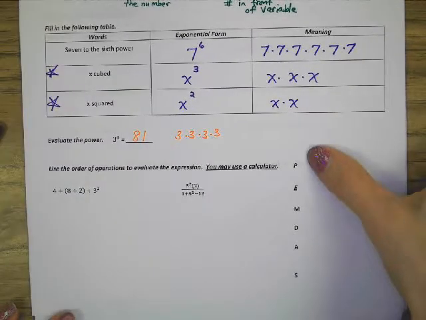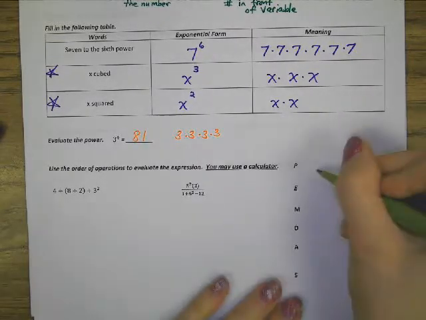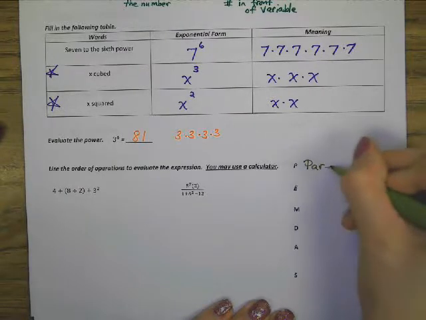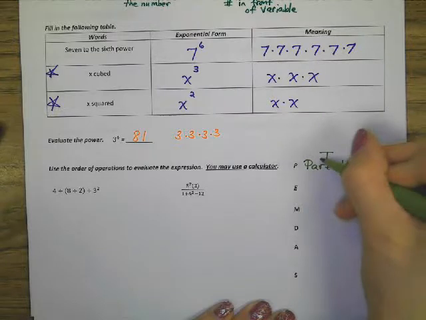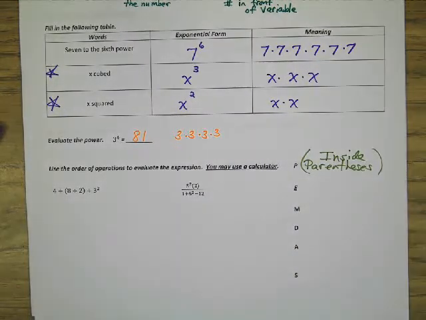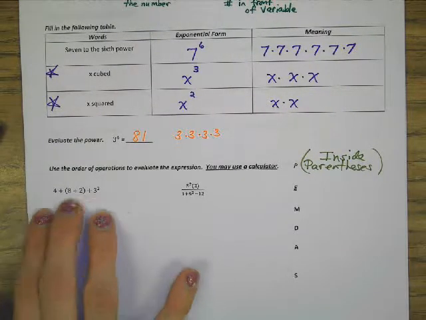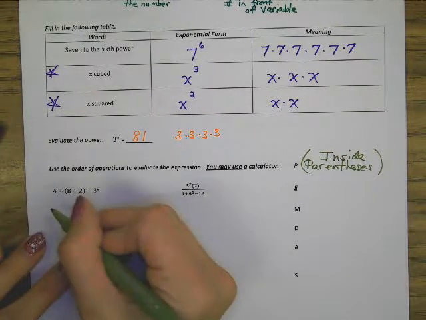Okay, order of operations. Okay, we studied with PEMDAS, so let's make sure we write down what this means. P stands for parentheses. Okay, and what that means is inside the parentheses, you do the calculations. Okay, do we have any parentheses here? We do. So what we're going to do is we're going to write the rest of the problem.